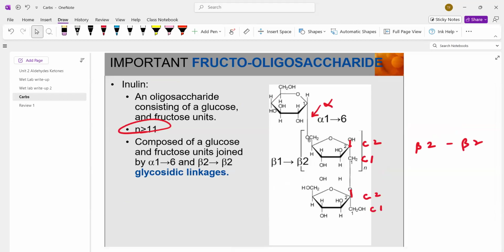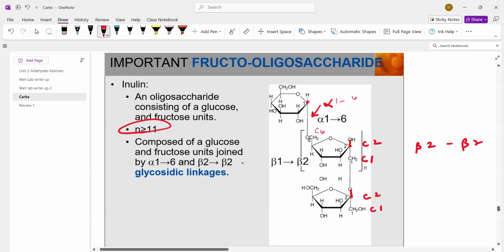Okay, and then we can analyze the linkages. We have anomeric carbon number 1 hooking up with carbon number 6 here. And because the OH goes down, it's an alpha, so it's an alpha 1,6 linkage. What's weird about this is these are the anomeric carbons.